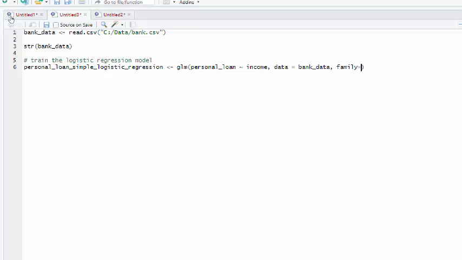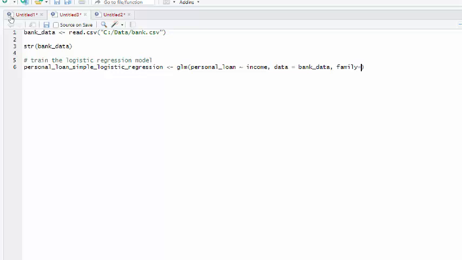When we trained the classification tree, remember in the functions in R part, we used method equals class. When we do the prediction, we said type of prediction equals class, or type of prediction equals ANOVA. This time around, it's a new name of the parameter. It's called family. This is just something that you have to either memorize or write down on your cheat sheet when it comes to the exam.